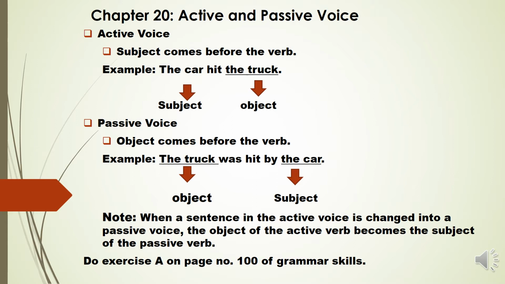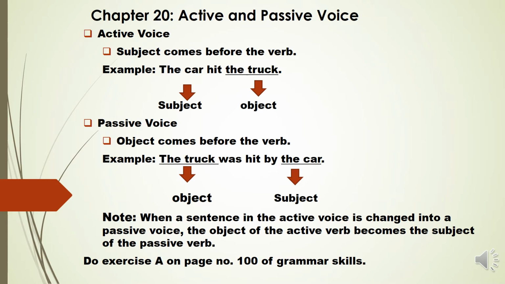When we write the same sentence in passive voice, the object will take the place of the subject. It will come before the verb. For example, the truck was hit by the car. The object in the active voice has become the subject in the passive voice, and the subject in the active voice has taken the place of the object in the passive voice.